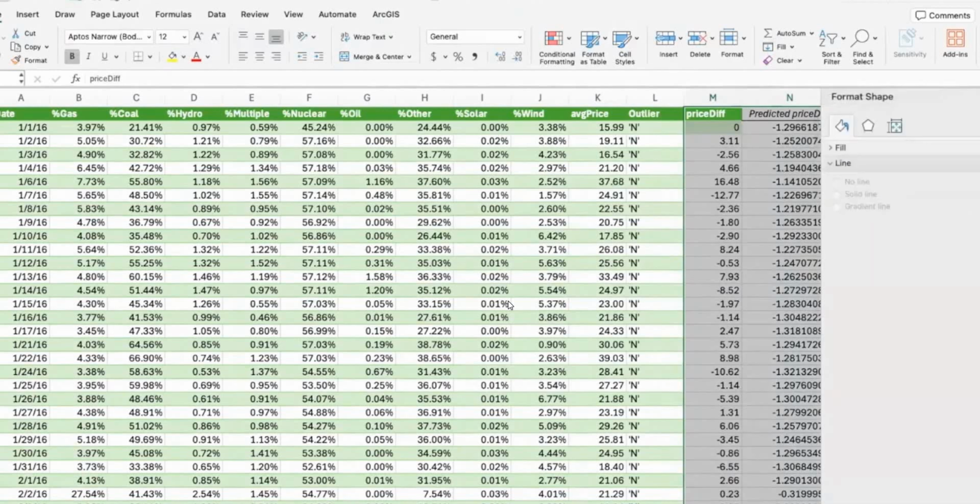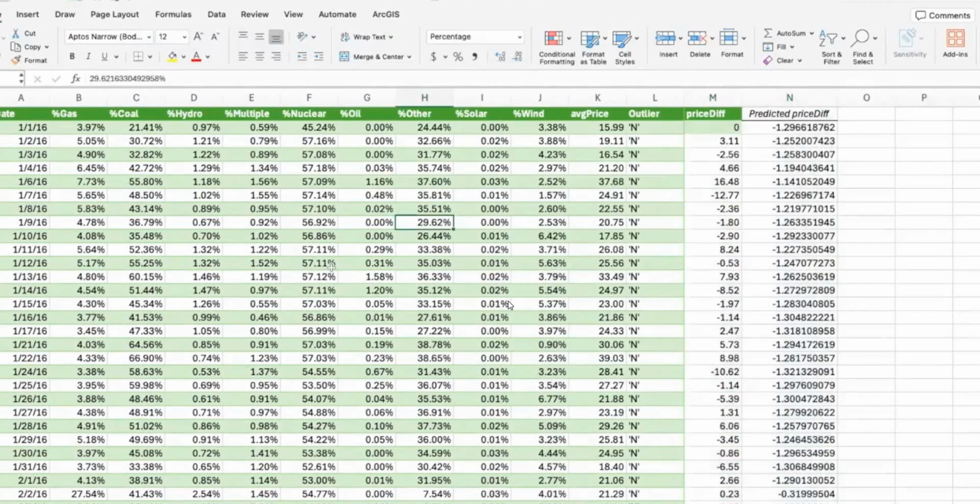So as we see from the R-squared, the relationship is significant. And we can expect, with a 1% change for gas, to see a $4 increase in the price difference. But from the R-squared, because our model's statistical power is really low, the model is not very reliable.